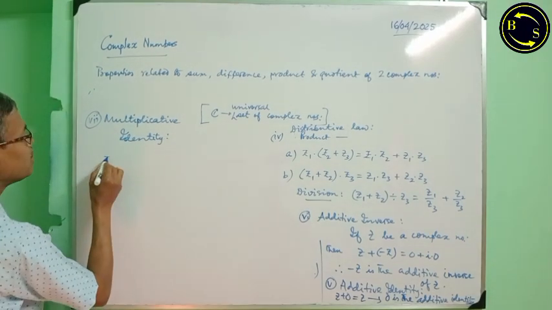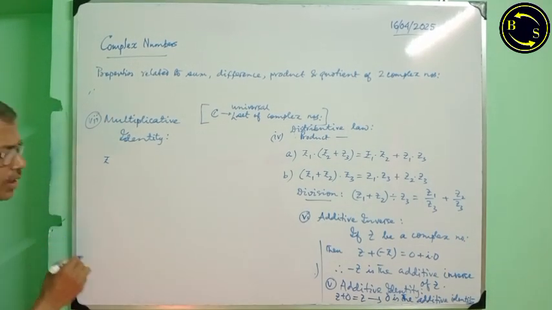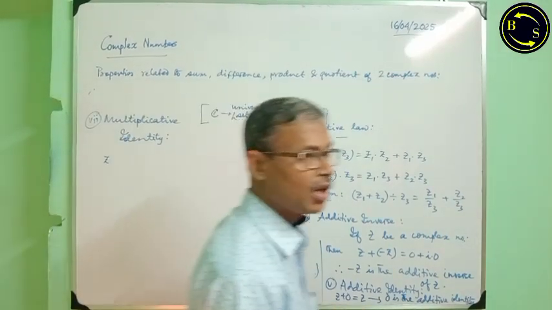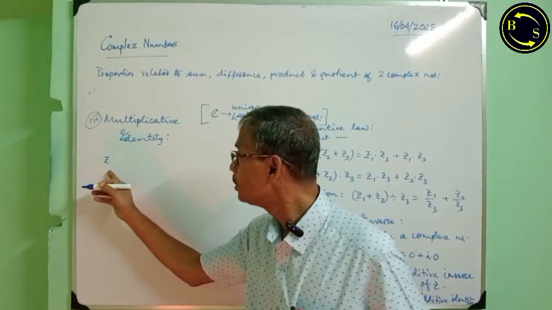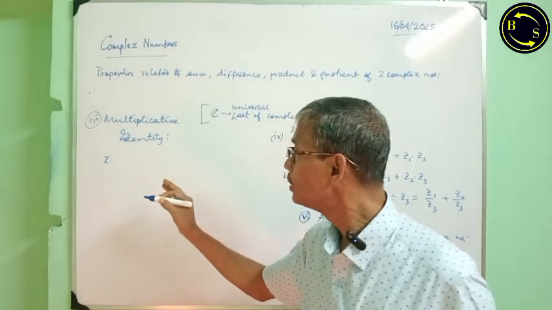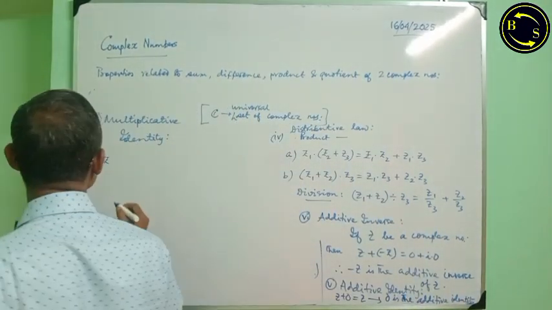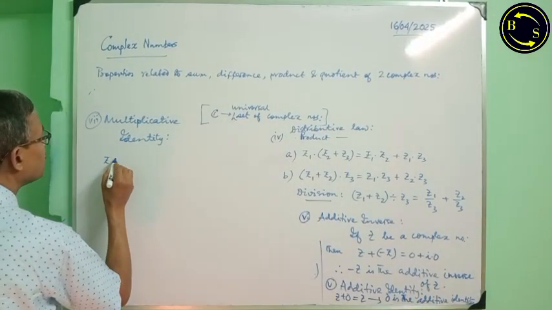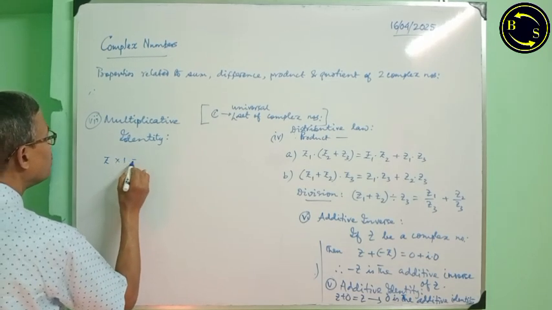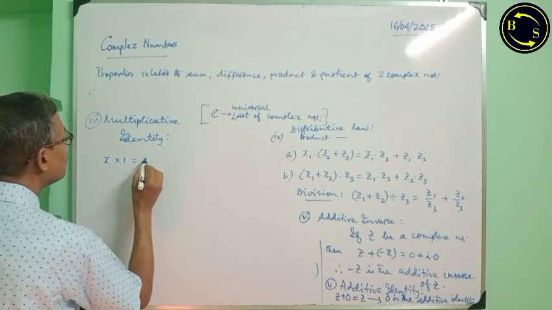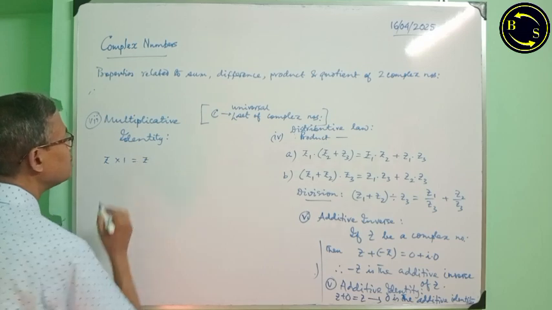Means if z be the complex number, the number which when multiplied with it, the result will be same, that means z. And we know if I multiply by 1, then the result will be z.